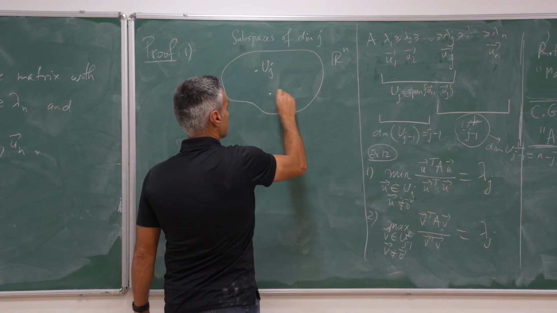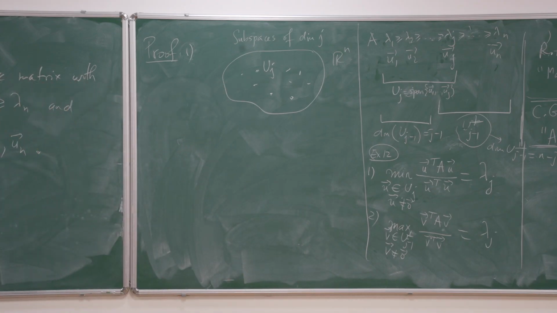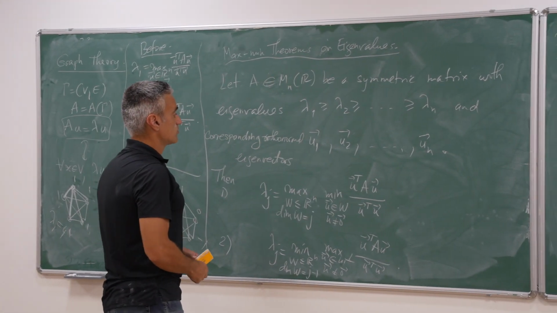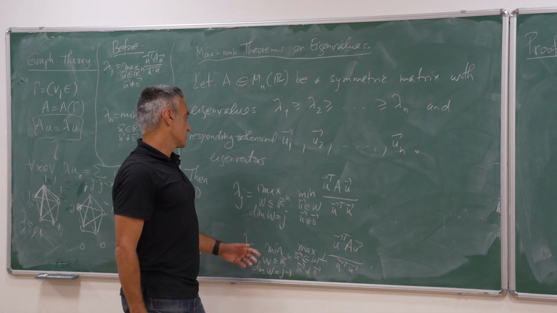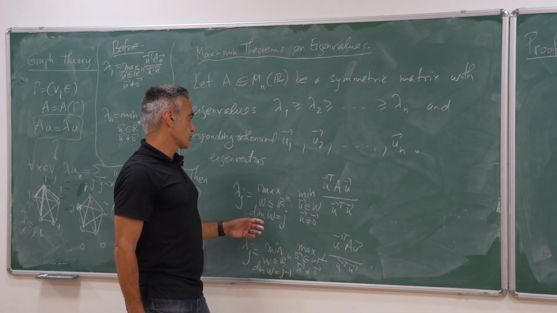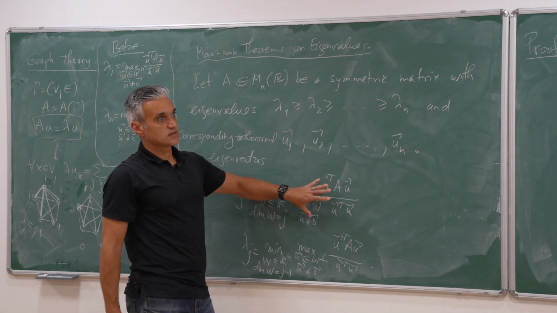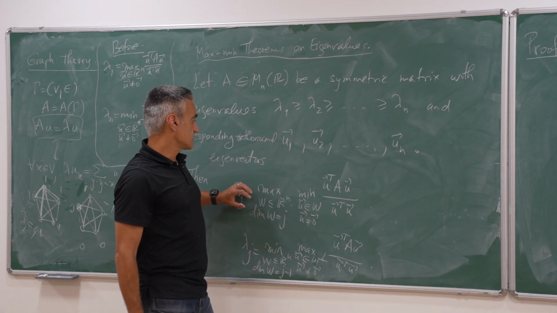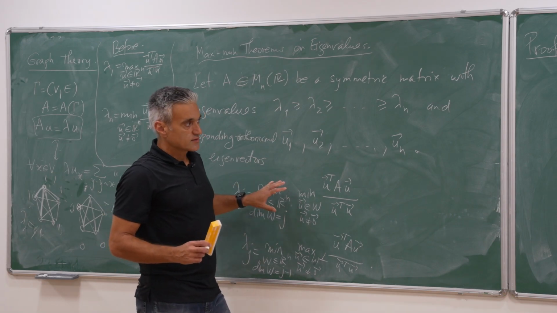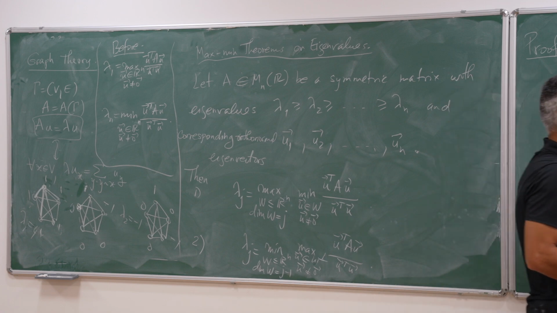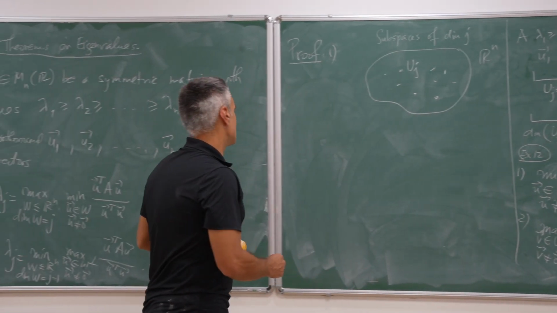Uj is one of them, but there are many other subspaces. So you have this quantity which depends on W, and what you want to show is that if you take all these quantities, lambda j is going to be the largest of them. So there is a max here, and the reason it's a max and not a supremum is because it's going to be attained for uj.